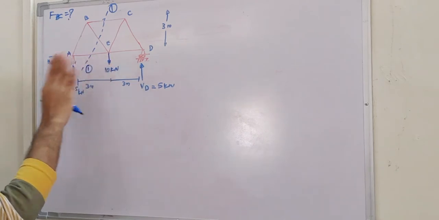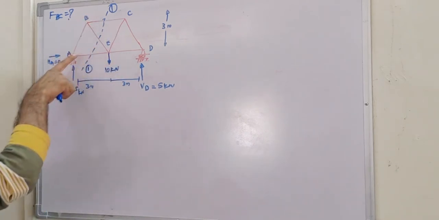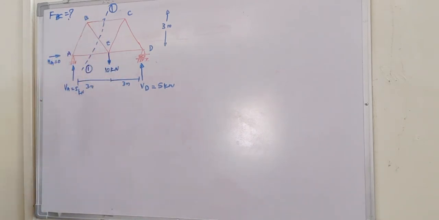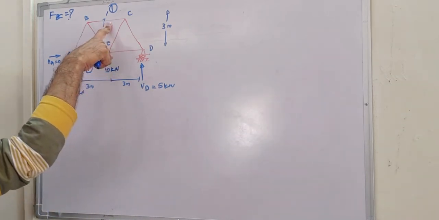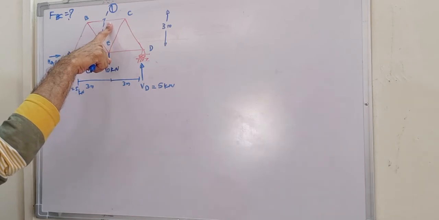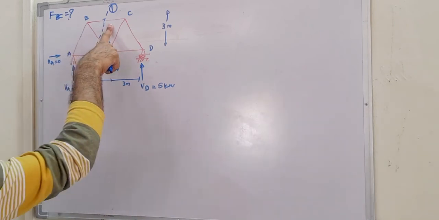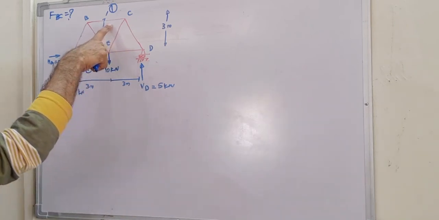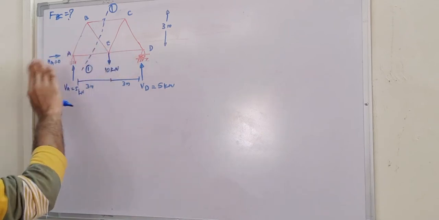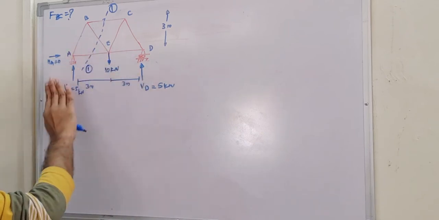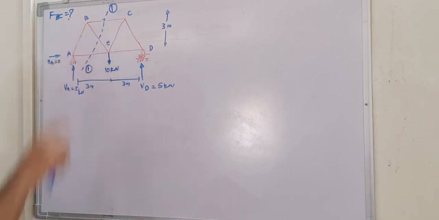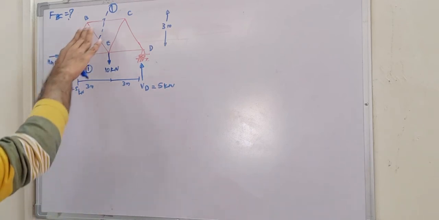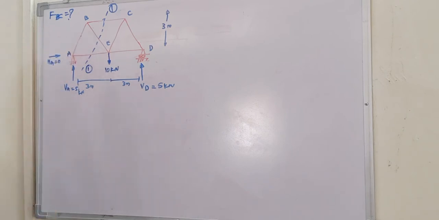Third, the truss has to be made into 2 different parts, LHS and RHS. And fourth, all the members should not meet at the same joint. These are the 4 things you need to remember.